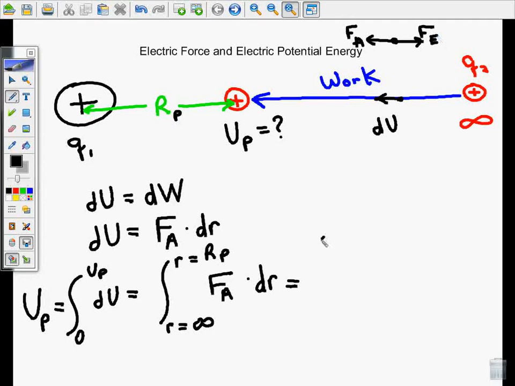So it's going to be from r equals infinity to r equals r sub P of the negative of the electric force, or the electric field, dot dr. And of course, we went through that.